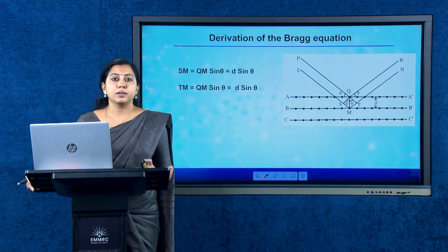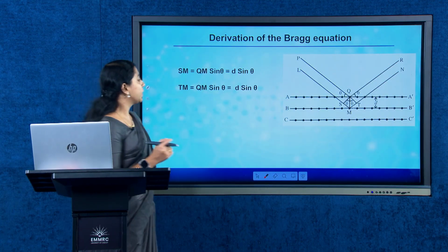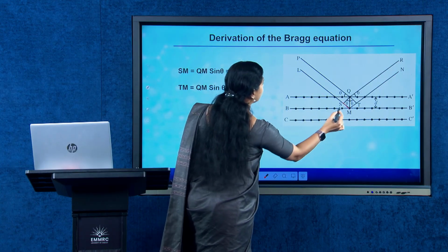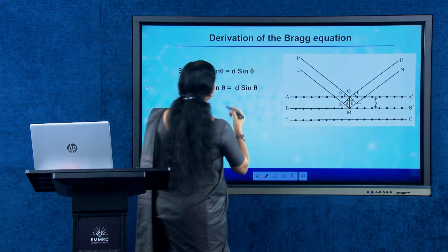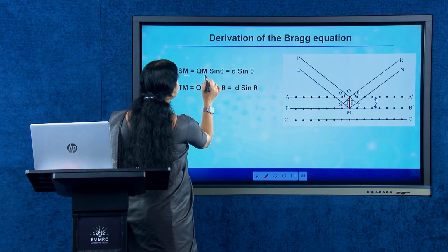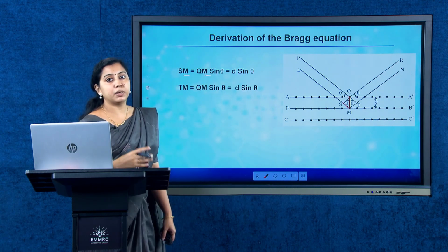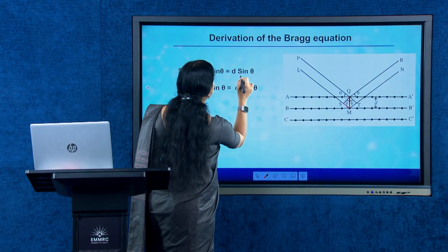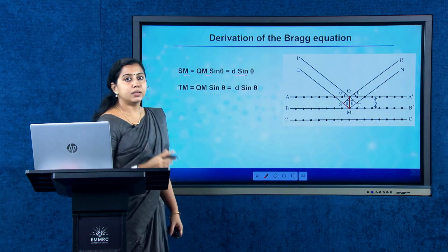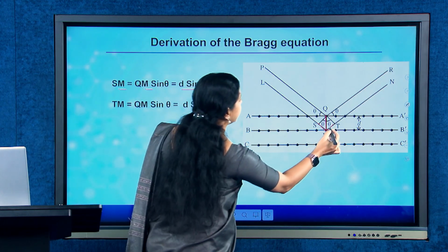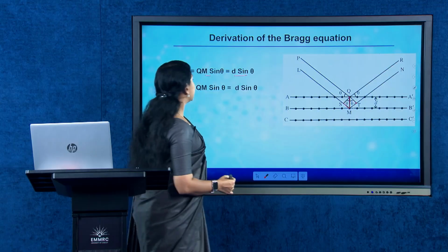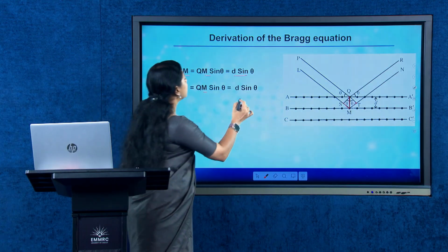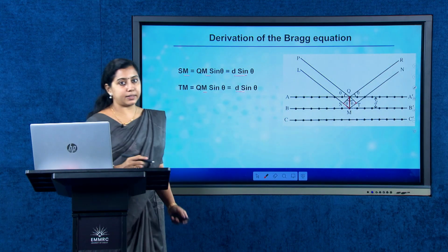Now, from the figure, we can find that SM is equal to QM sin theta, from simple geometrical considerations. So, QM is D, so that is equal to D sin theta. Similarly, if we take the other side, that is TM, TM will also be equal to QM sin theta, so that is also equal to D sin theta.